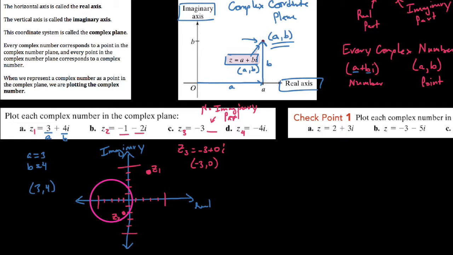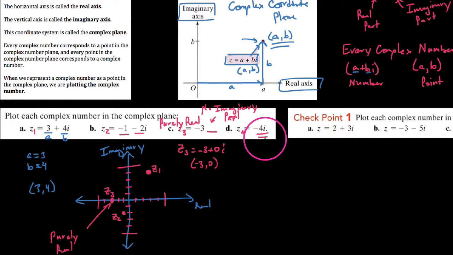So we go left 3 and draw a dot, and Z3 lies right here. One thing we want to mention is this: if the imaginary part of a number is 0, then it is a purely real number. I want you to notice where this purely real number lies in the complex plane. A purely real number must lie exactly on the real axis because its imaginary part, its up-down part, was 0.